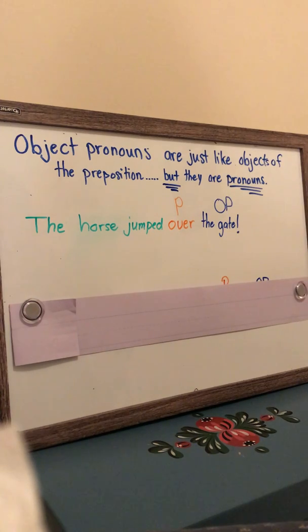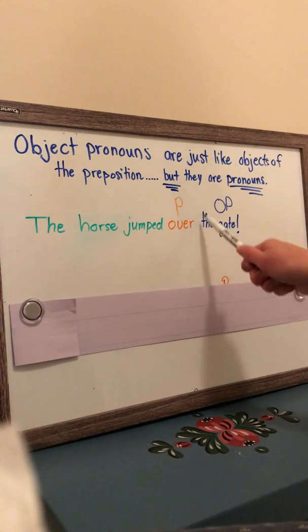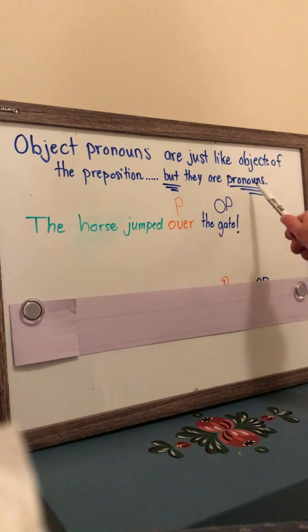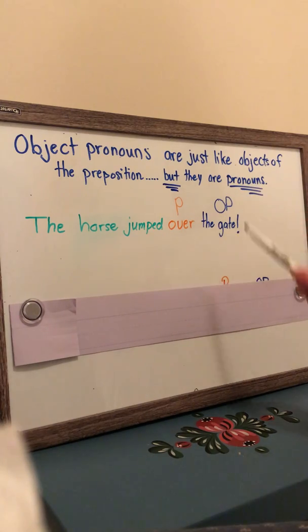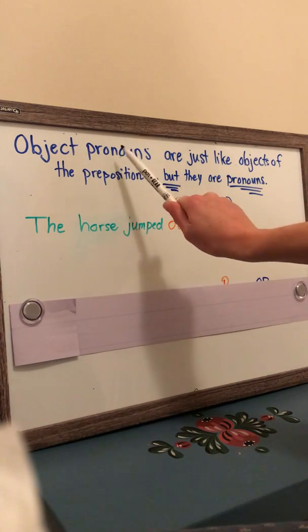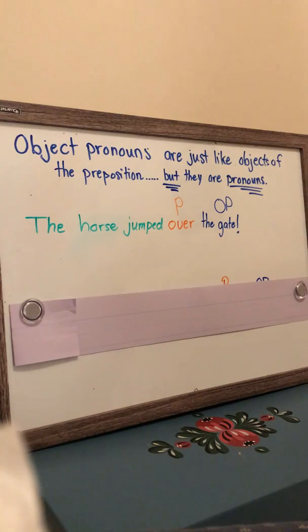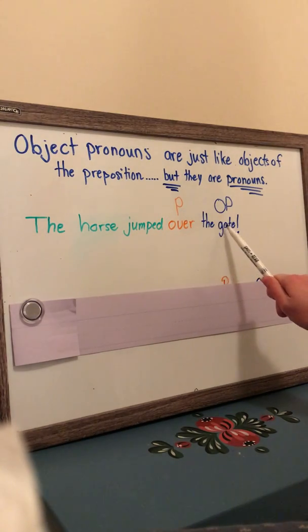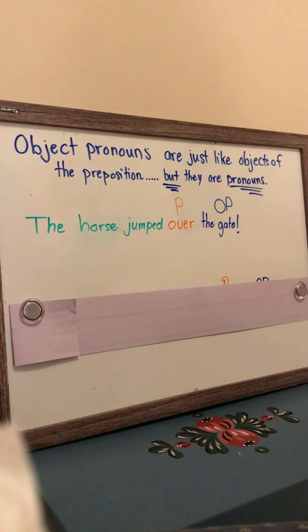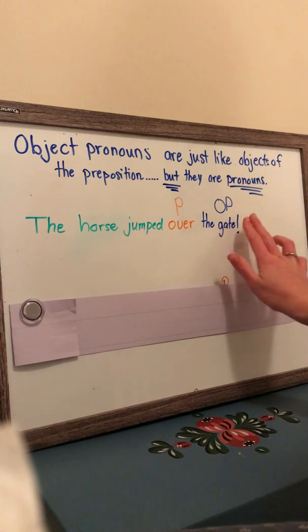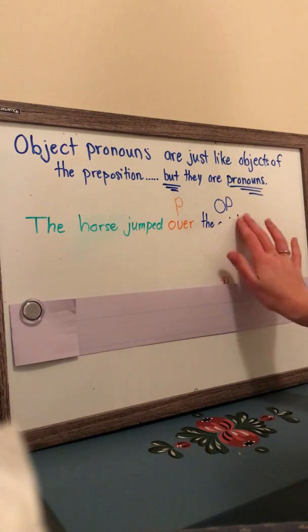But today, what we're going to be doing is changing this part into a pronoun to make it an object pronoun. So, the horse jumped over the gate. Instead of having the gate, I'm going to erase this, and I forgot a towel or something to erase it with, so I'm just going to use my fingers.